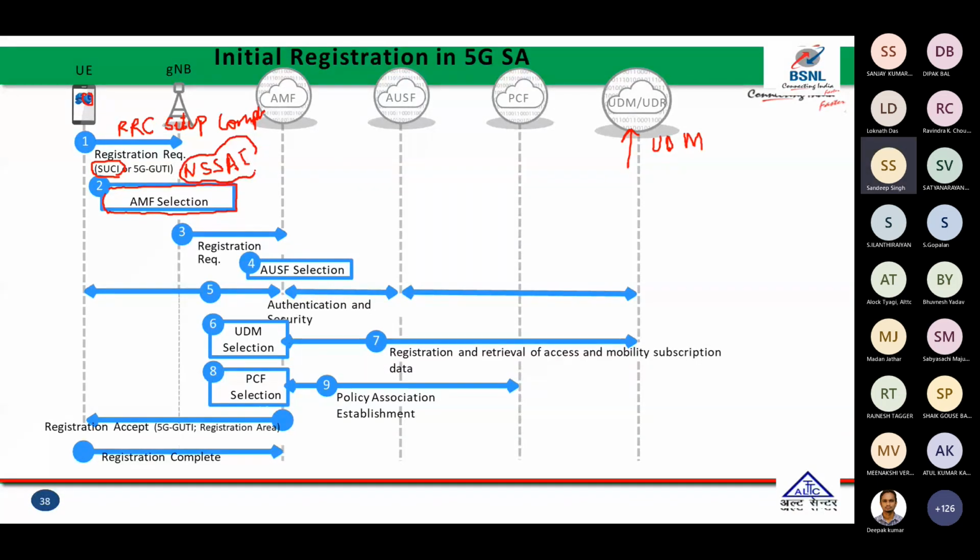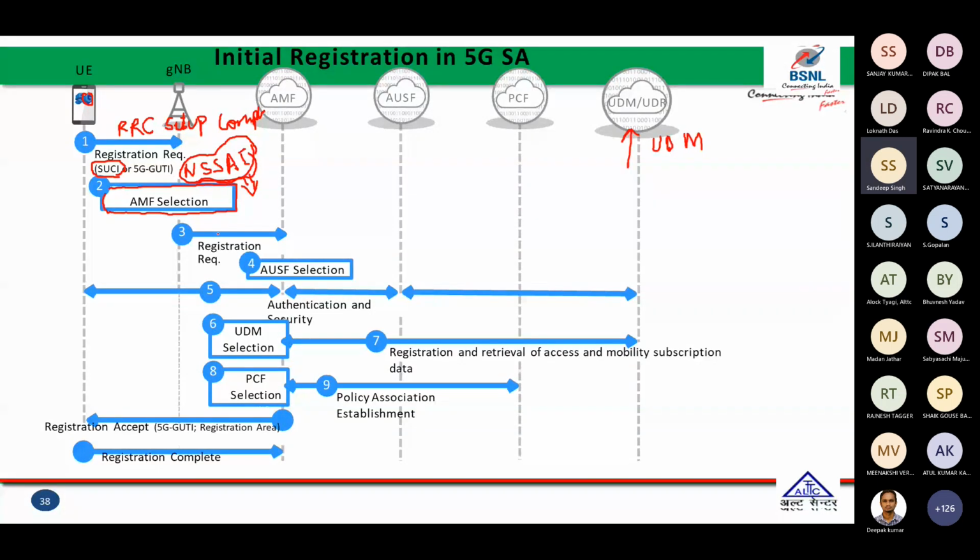The gNode B selects the AMF based on this NSSAI or by using the default AMF, and forwards the message sent by the UE to the AMF.